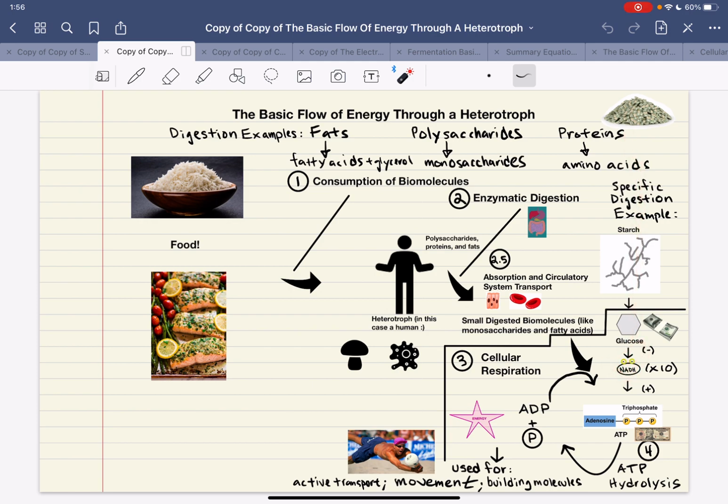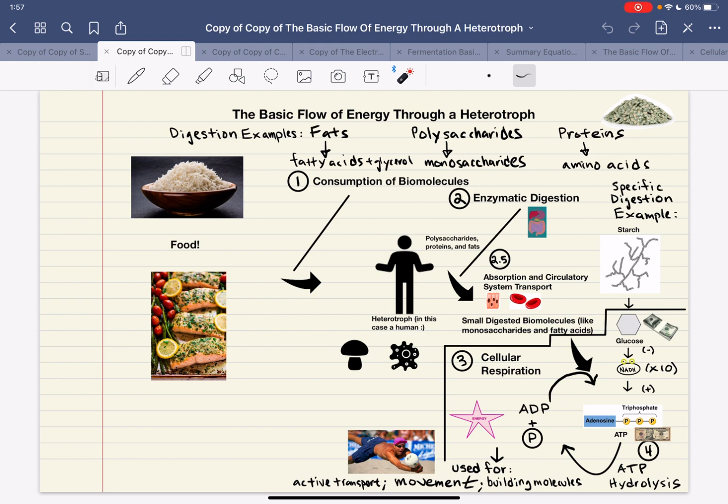And the first step in doing that is to digest your food within your digestive system. Your esophagus, your mouth, your stomach, your small intestine, and your large intestine, using the help of your liver and your pancreas and your gallbladder. So, in summary, we have to break down these big molecules into their smaller parts.